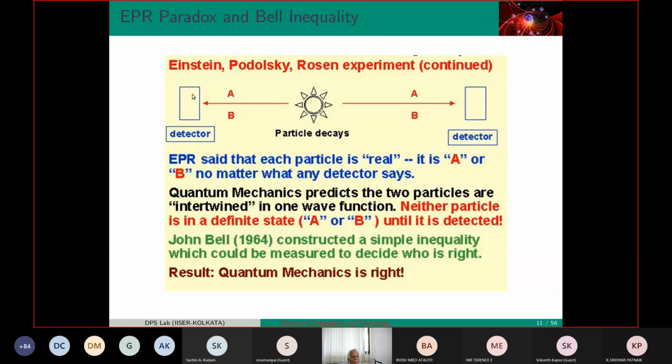If Alice is living in Delhi, and she measures her spin, whatever output she finds, Bob's output will be basically controlled by her. Now, even if Bob is in Washington, or on the Moon, instantaneously Bob's state will change. Einstein was bothered about that. How does this instantaneous change happen? These particles are intertwined, namely entangled. Both the particles are connected to each other. There is a correlation. He was bothered about that.